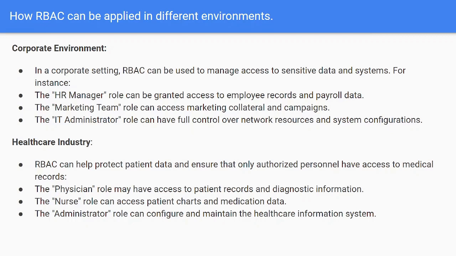The marketing team can have access to marketing collaterals and campaigns, while the IT administrator can have full control over the network resources and system configuration. So this is based on the role. So okay, I am an HR admin, I have access to the employee records. I'm part of the marketing team, I have access to the campaigns. I am the administrator.